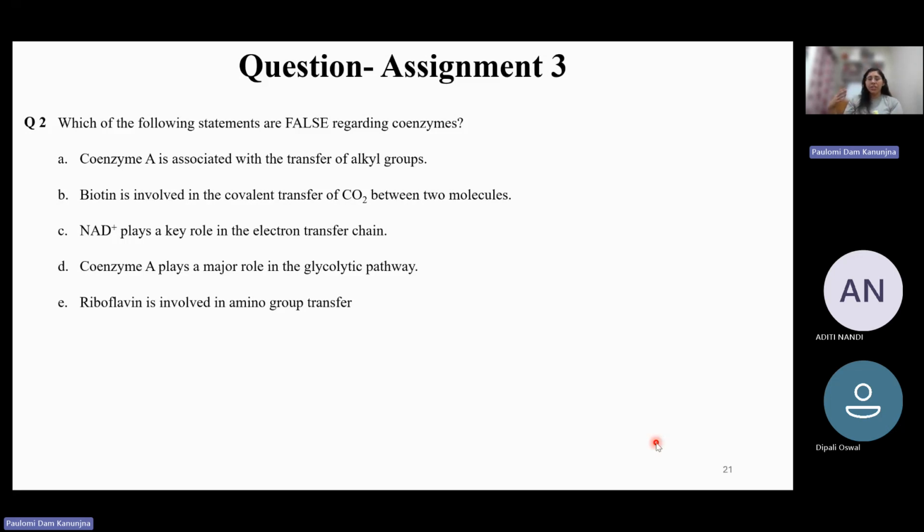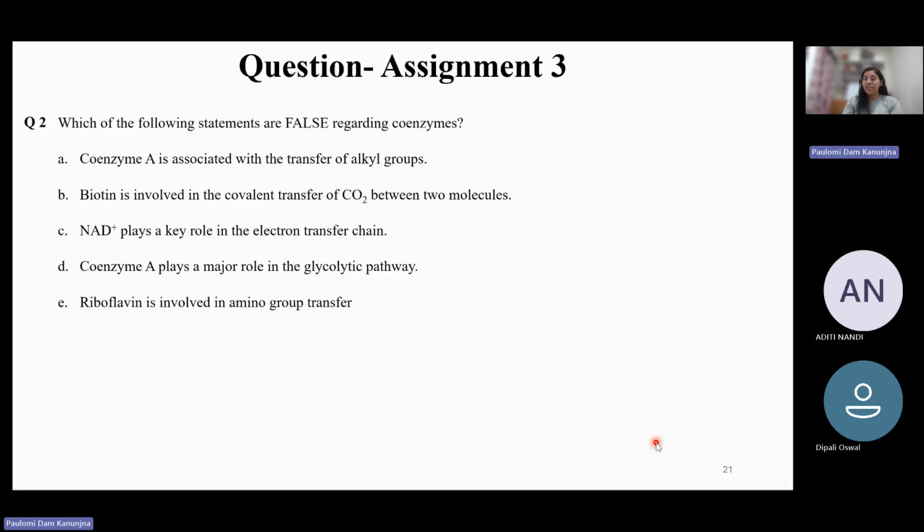We have discussed several coenzymes, so this question will give you a recap of what we discussed about coenzymes. You see, coenzyme A, we have discussed biotin, we have discussed NAD+, we know about riboflavin. So it just basically asks you what are the false statements, remember, not true, false statements.